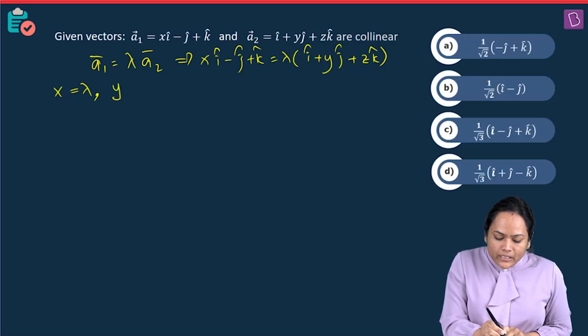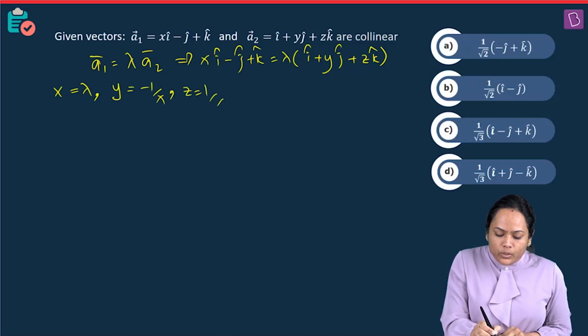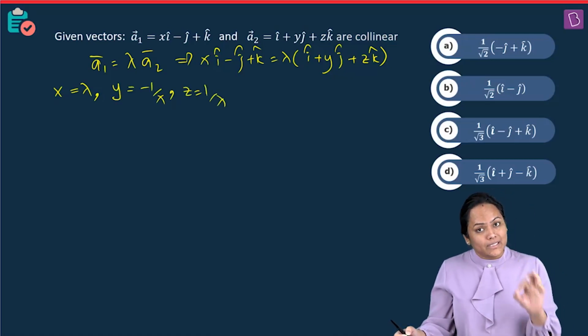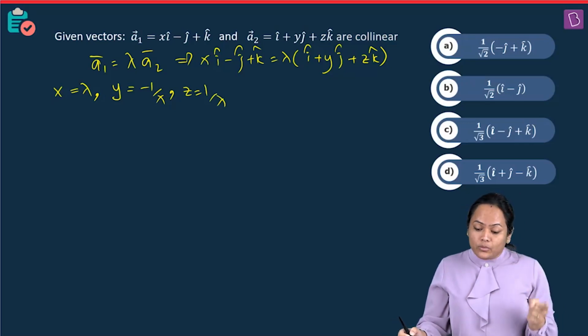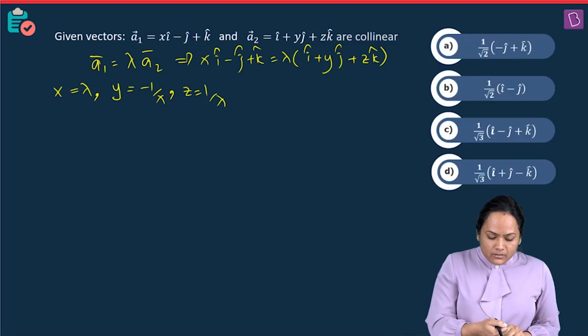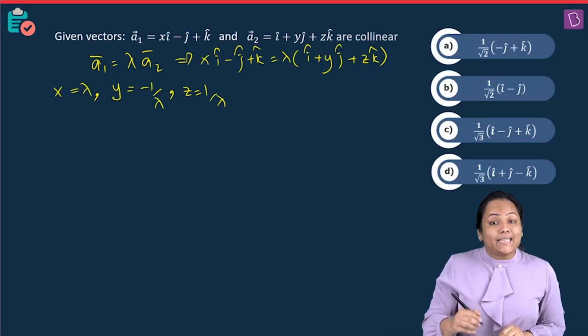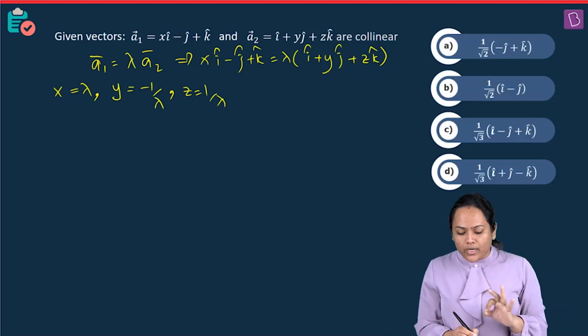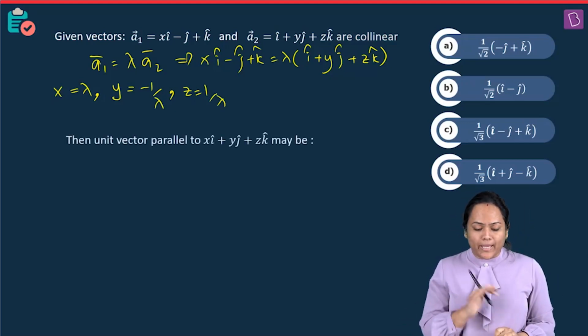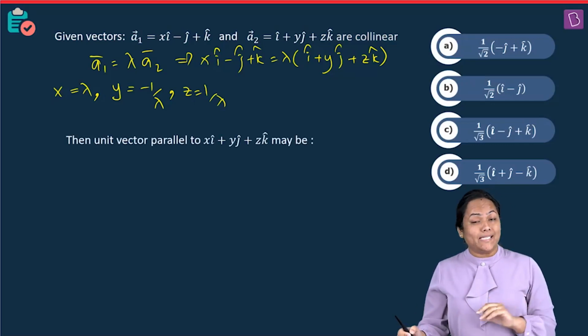Similarly, y will be equal to minus 1 by lambda and z will be equal to 1 by lambda. These are the values. And then what have they said? That they want a possible unit vector parallel to xi cap plus yj cap plus zk cap.